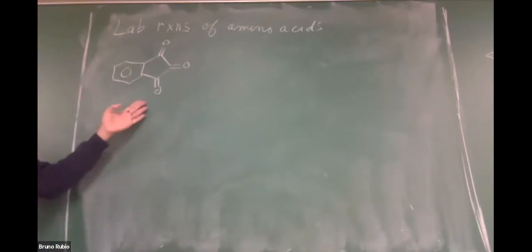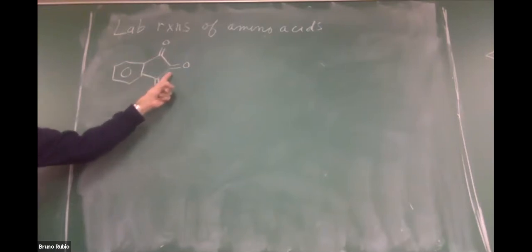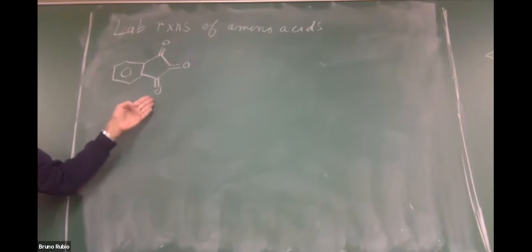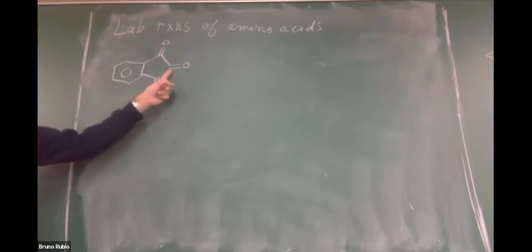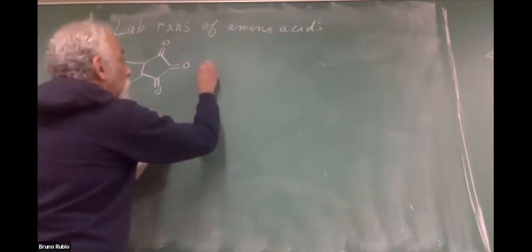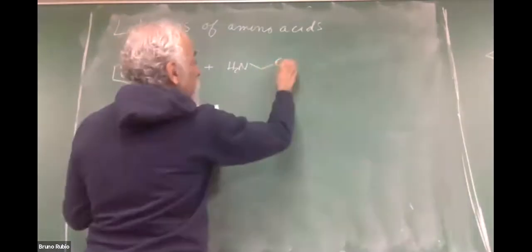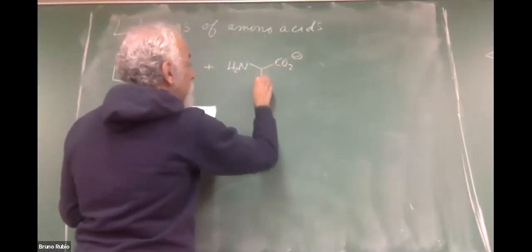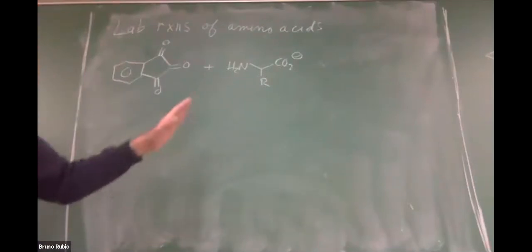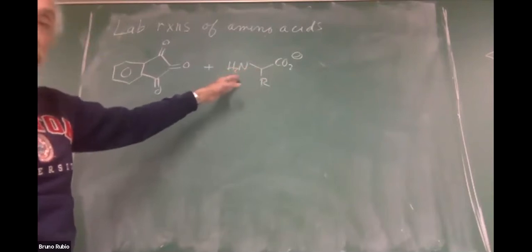Oh, we've seen this guy several times before, right? Where we had these three carbonyls, but we talked about how the carbonyl group is electron withdrawing, and how this carbonyl here that's sandwiched in between the two is the most reactive carbonyl in this molecule. And here's an alpha amino acid. Notice I stripped off the carboxylic acid proton and the amino proton.